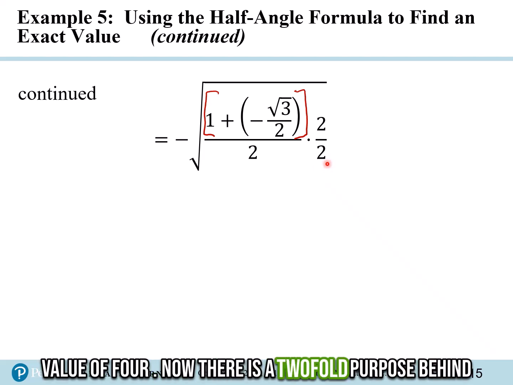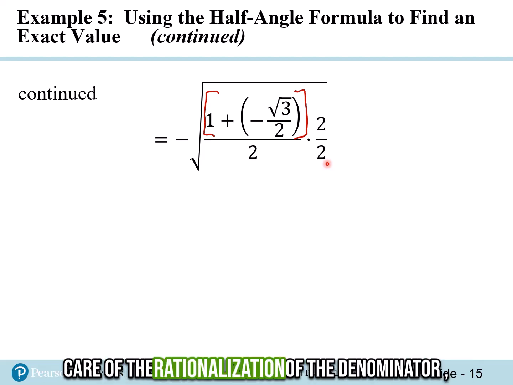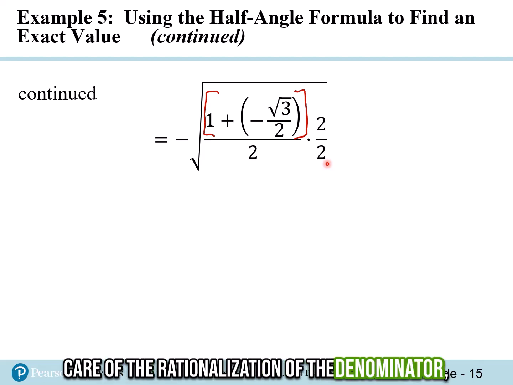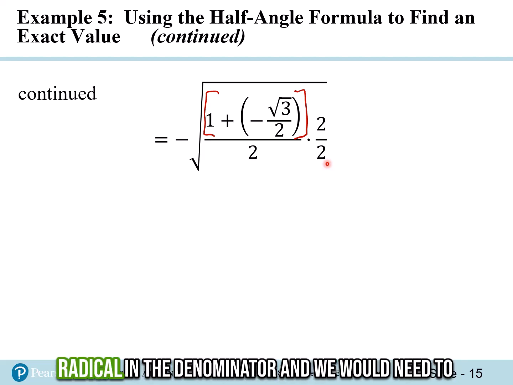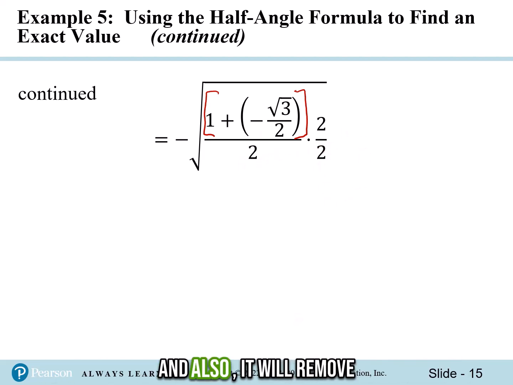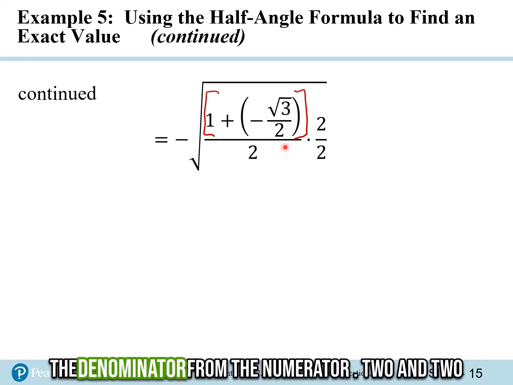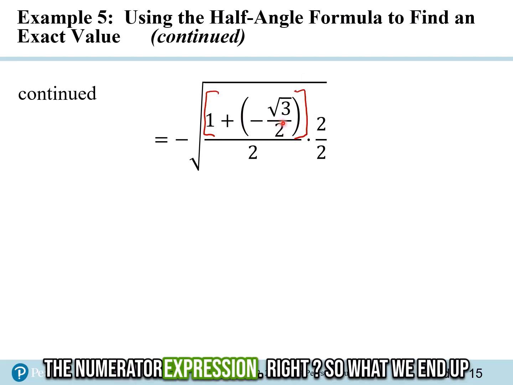Now, there is a twofold purpose behind this, because first of all, this step will take care of the rationalization of the denominator. Somewhere down the line we would end up with a radical in the denominator and we would need to rationalize that. So this step will take care of that, and also it will remove the denominator from the numerator. 2 and 2 will divide, and it will remove the denominator from the numerator expression.